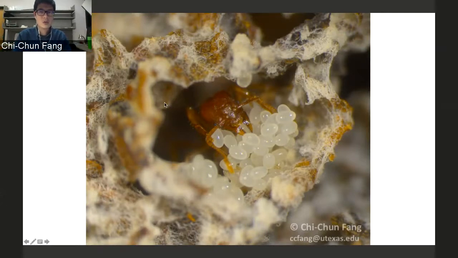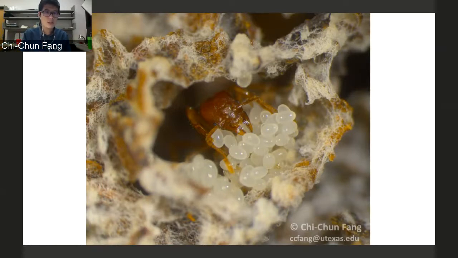Usually, the workers will chop off the trophic eggs and feed those larvae when the fungus starts to grow. I mean, in the founding colony, the queen only has a small piece of fungus, so there's limited food resource.